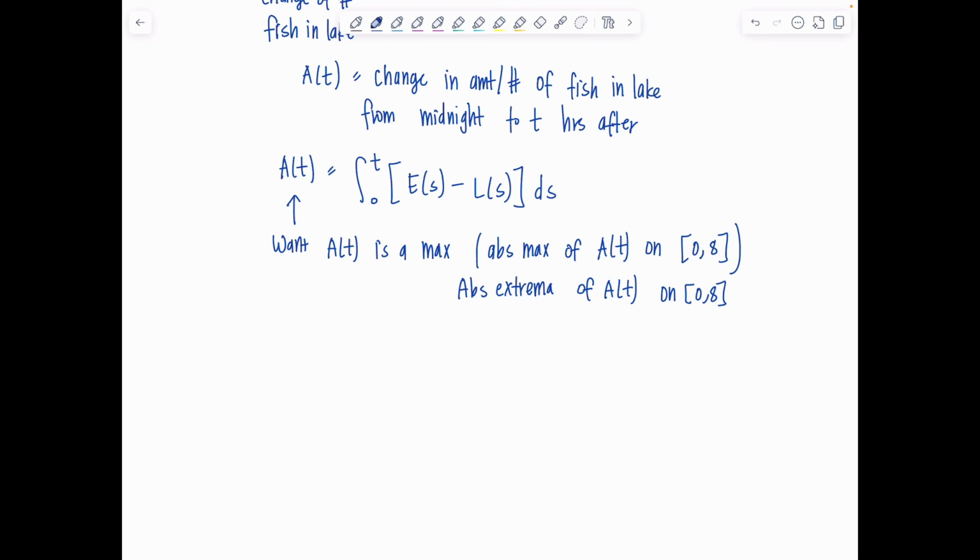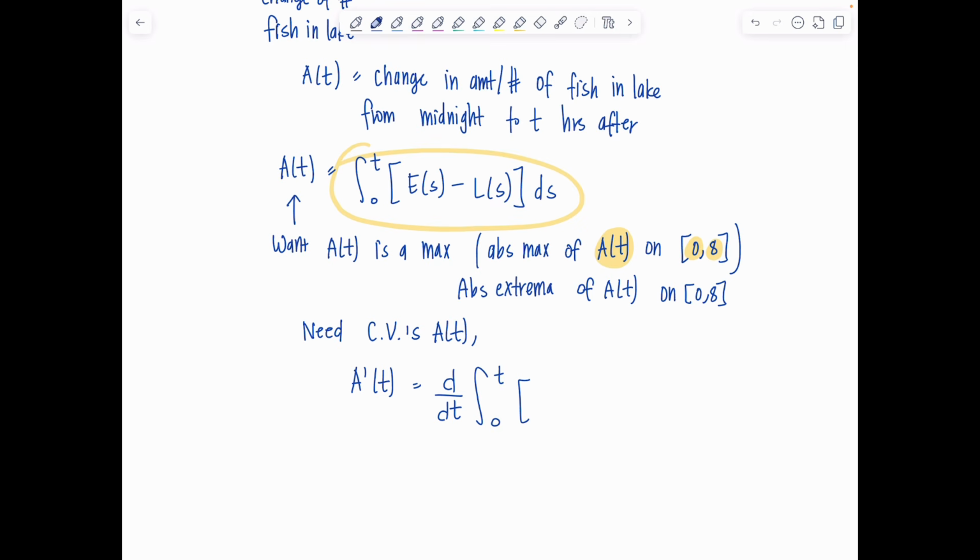You need to find the critical values. And then you're also going to evaluate the function at the endpoints, 0 and 8. So you need the critical values for A of t, which come from looking at when the derivative is 0. So I need to find the derivative with respect to t of A of t, which is right here. The integral from 0 to t of E of s minus L of s ds.